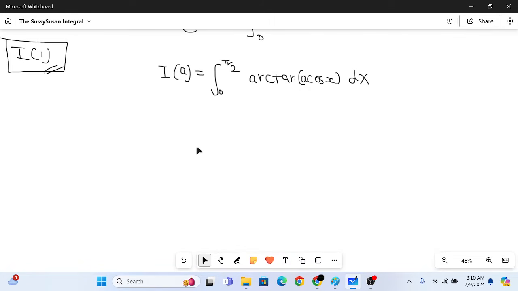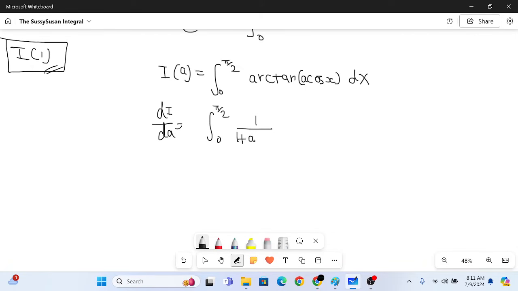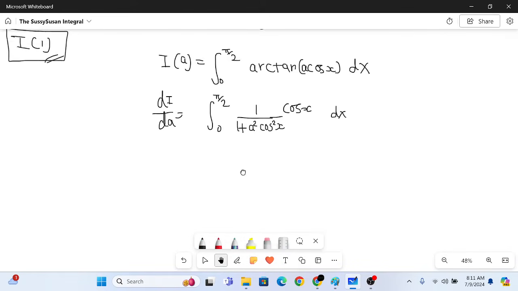Now let's try to solve this. If we differentiate under the integral sign, even if I do a complete differentiation over here, when this differentiation goes inside the integral, it will change to partial differentiation, and so we will have 1 by 1 plus a square cos square x, and then the derivative of a cos x with respect to a is just cos x. Now we can integrate this using u substitution.